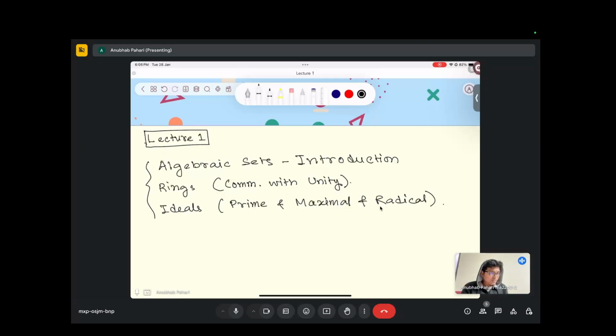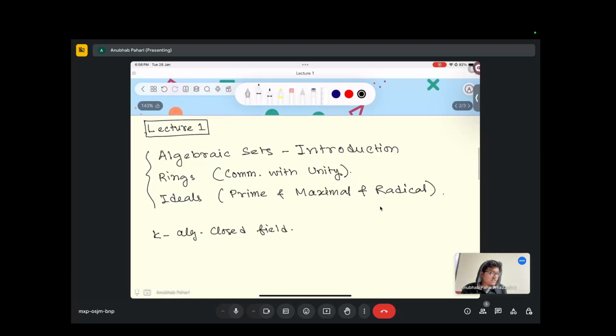Okay, so first of all, in the whole class for today, K means an algebraically closed field. We know what is an algebraically closed field, right?